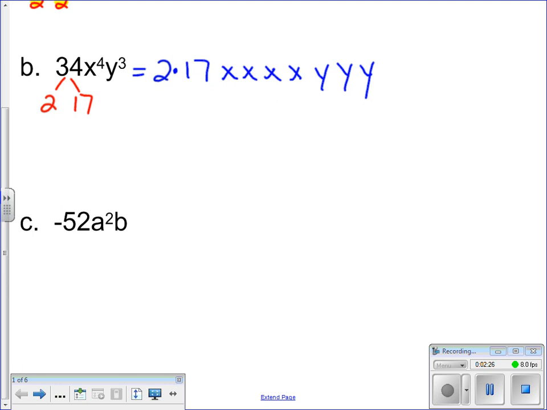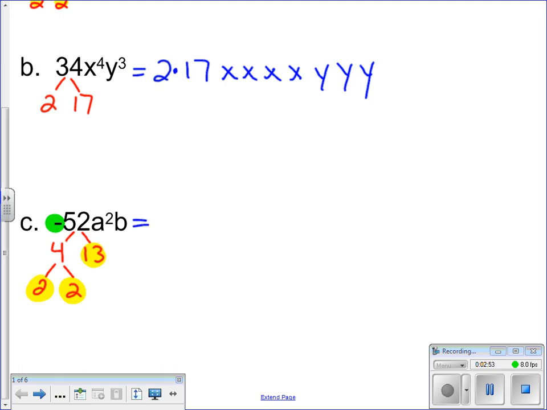And now the last one on the page, 52. That's 4 times 13, and 4 is 2 times 2. Now, I need to represent the 2, and the 13. Now you're asking, well, what am I going to do with the negative sign? I'm not going to make the 2 negative or the 13 negative. The negative needs to be a separate part of my answer.